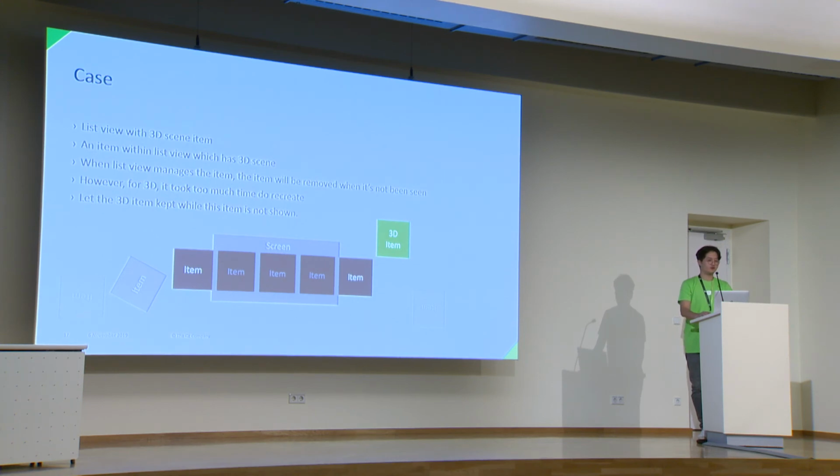So we are working on fixing this problem, and we decided to keep the 3D item when it is created the first time. After that, when the 3D item goes out of the screen, rather than removing it, we will keep it at some place, and when the 3D item is added to the list again, we use it again, not create it again.